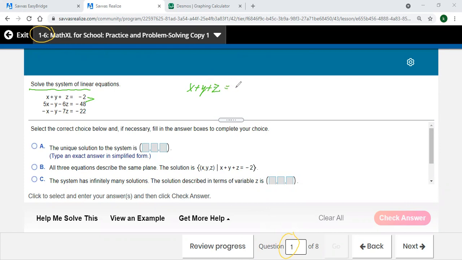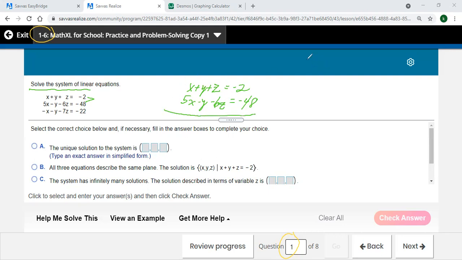equals -2. And the bottom one, 5x minus y minus 6z equals -48. And by combining them, I mean add or subtract them together. I prefer adding.